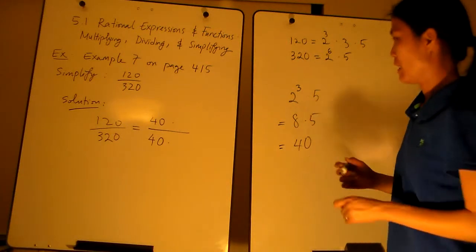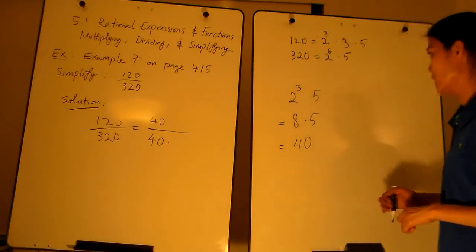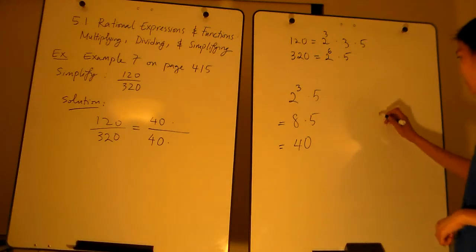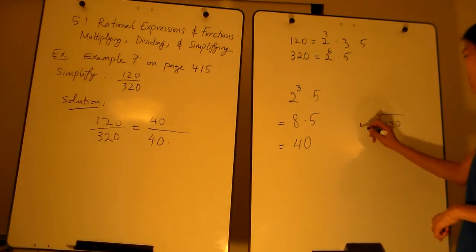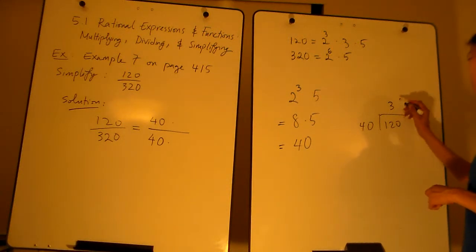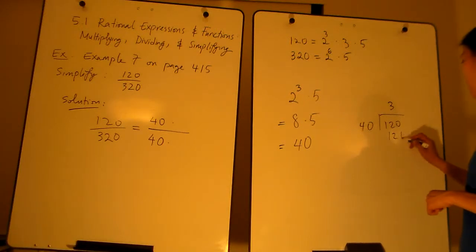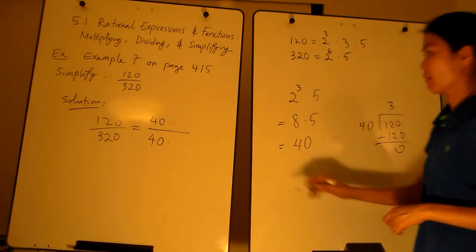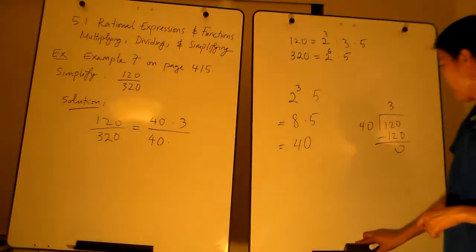Now, if I factor out 40 from 120, what is left? 120 divided by 40: 3 times 4 is 12, times 0 is 0, so 3 is left.